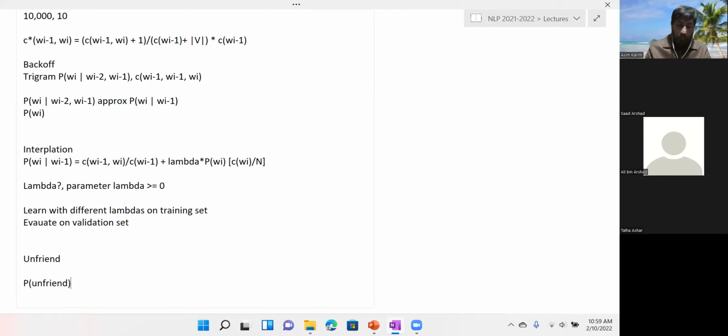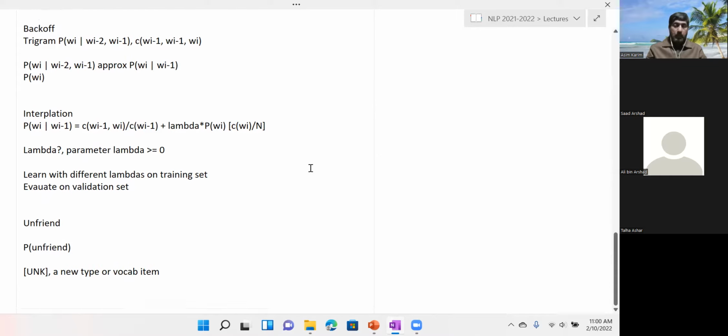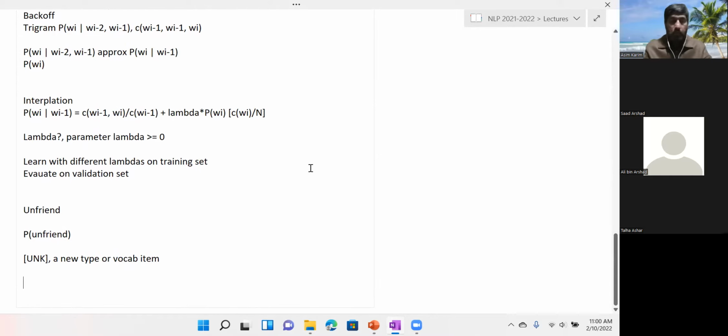So to handle this, there's a very simple approach which is commonly used, which is to define an unknown token or vocabulary item, UNK, or whatever you want to give it. Let me put it in braces. So UNK is a new type or vocab item. What do we do?